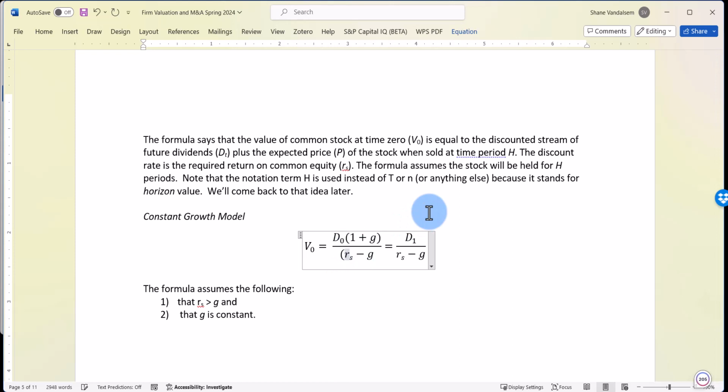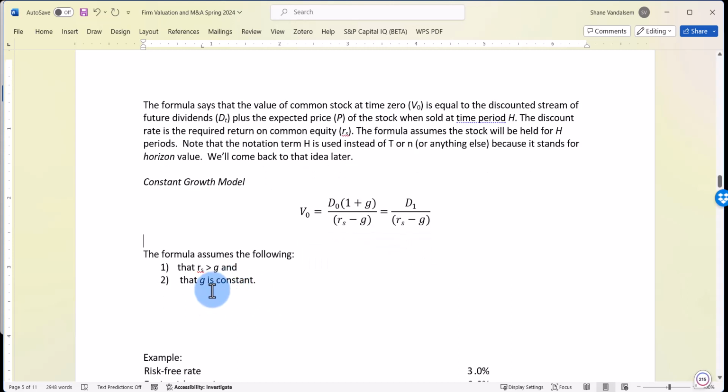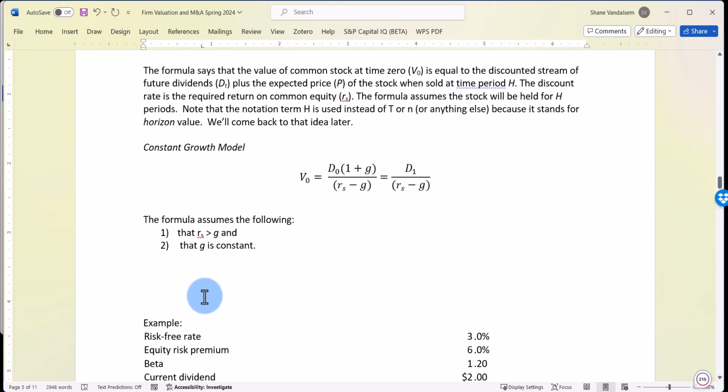And I often like to put some parentheses in here just to remind you to put those parentheses in your equation when you're using Excel. So the formula assumes the following: that the required rate of return on equity is greater than the constant growth rate, and that g is constant.